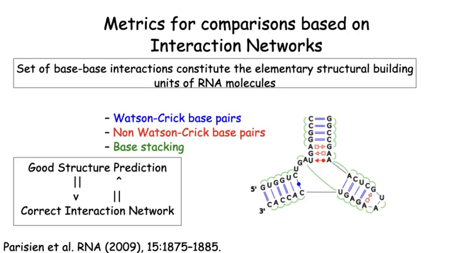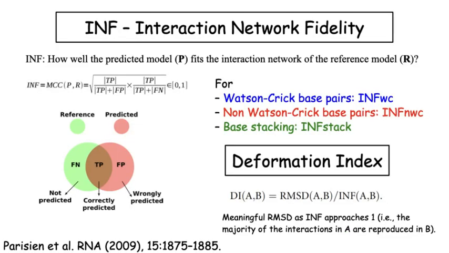All right. So that's why we introduced the notion of interaction networks. So it's a good prediction if it's a correct interaction network. When we look at an RNA molecule, we not only look at the Watson-Crick pairs that you see, GC, UA, GU, etc., but we also look at the non-Watson-Crick pairs with these symbols that we introduced here. But in addition, we use stacking, that is whether this helix is stacked on that one or this helix is stacked that way. And this is really critical.